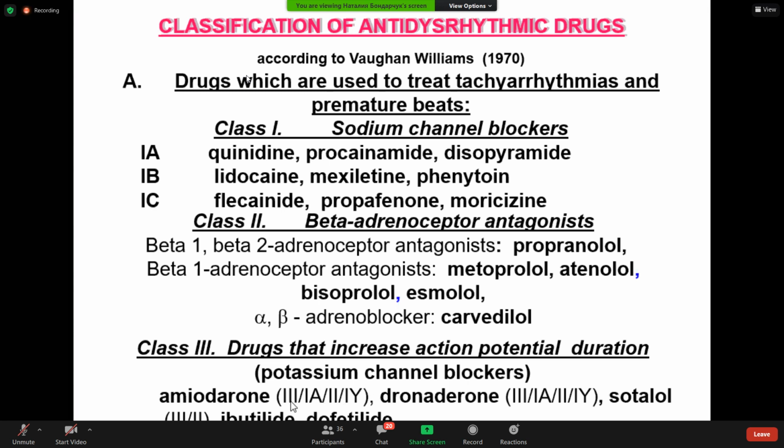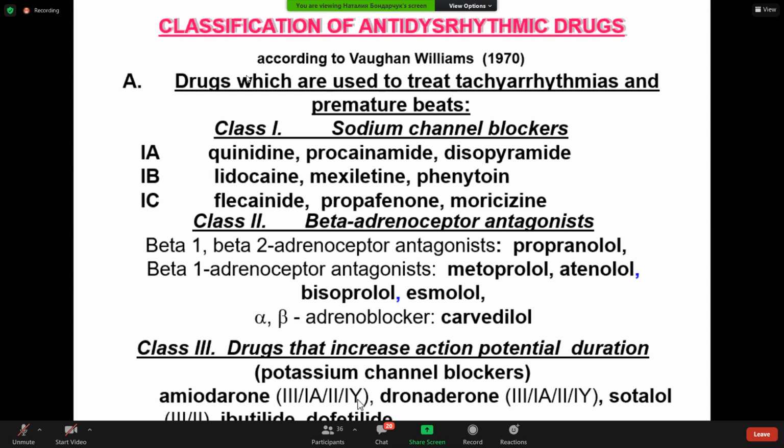Amiodarone, but you see such a drug as amiodarone not only blocks the third phase in action potential, and that's why it belongs to the potassium channel blockers, but also such drug can inhibit sodium channels and behaves as a 1A class of antiarrhythmic drugs, and also this drug can block the fourth type of antiarrhythmic action.